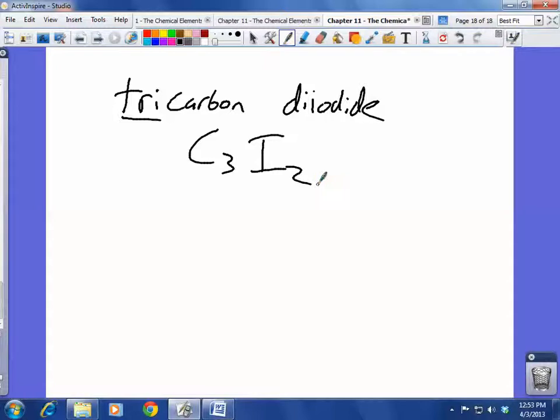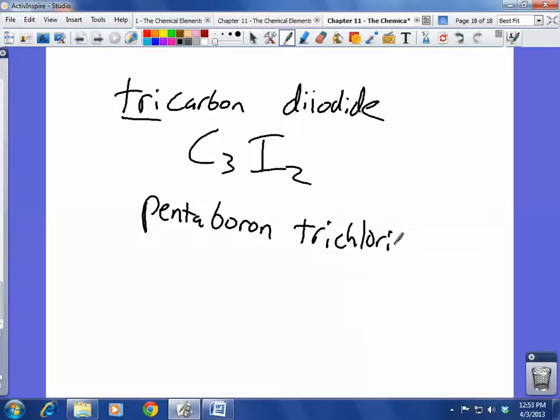Or I could say, what's the formula for pentaboron trichloride? 5 B. We put the B at the end, so it's B5 as a subscript, Cl3.